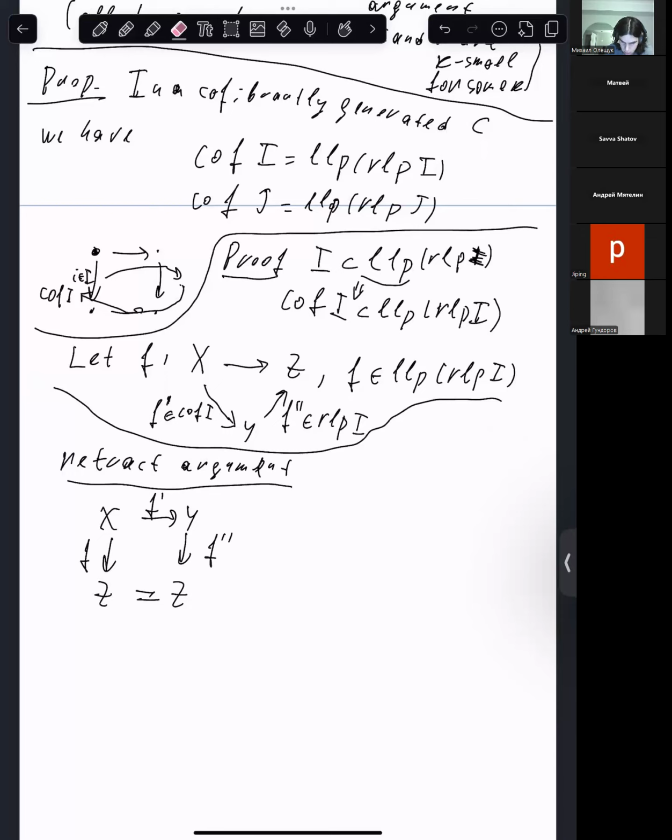And we know that f has the left lifting property against all morphisms that have the right lifting property, and we know that f double prime is in RP. So we have a lifting, and then we have a retract diagram.